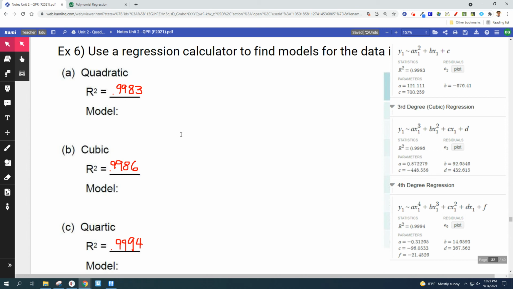All right, so you want to transfer those numbers over. Quadratic is going to look like this, where you've got your A number, your B number, and your C number.